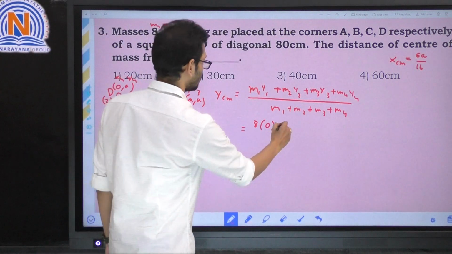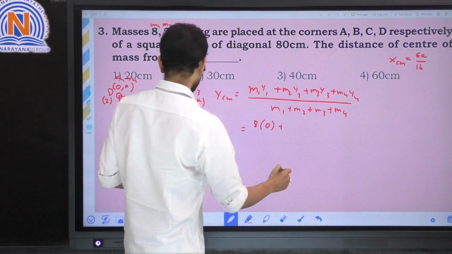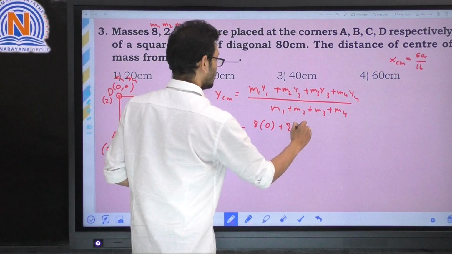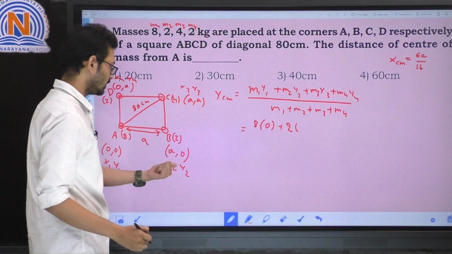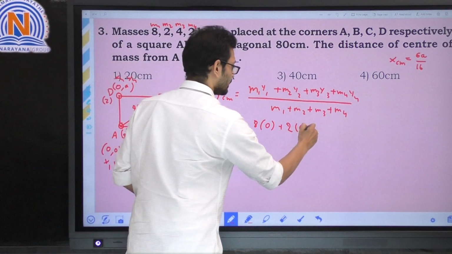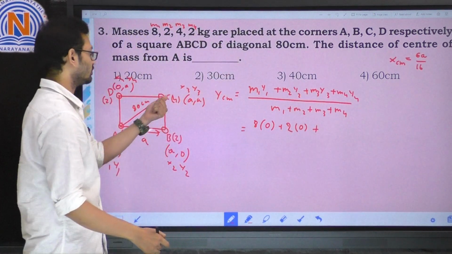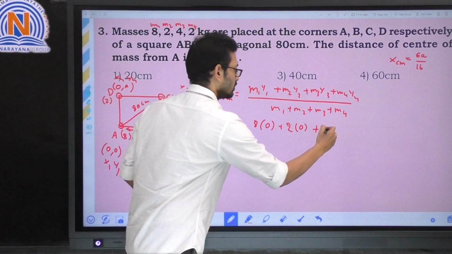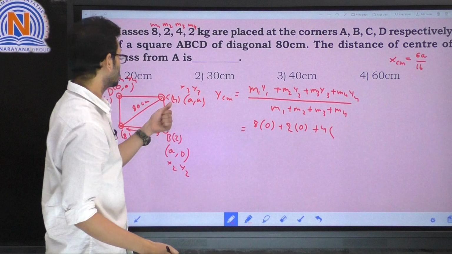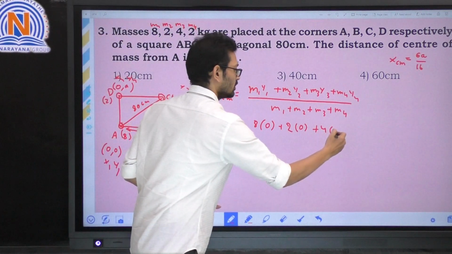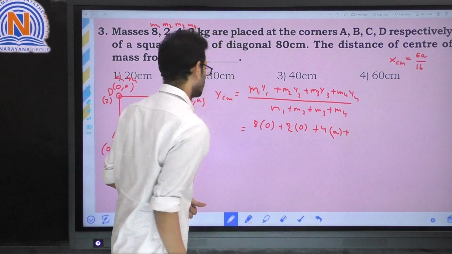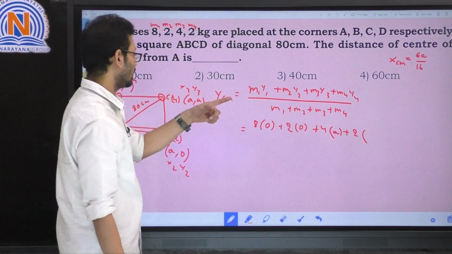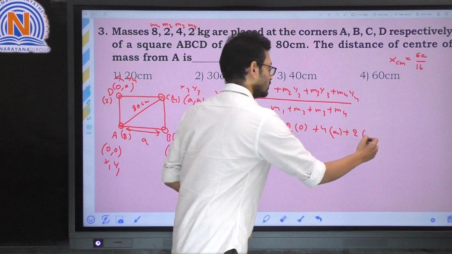So here 0 plus 2 into y2, which is 0, plus m3, which is 4, y3 is a, plus m4 is 2 and y4 is a.